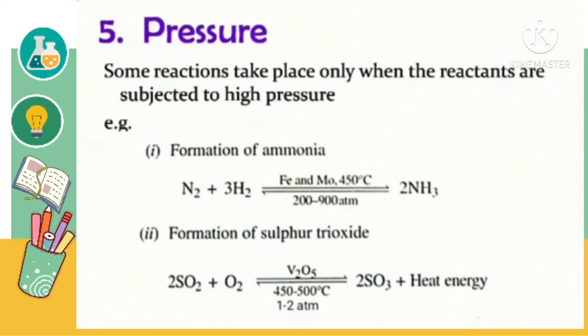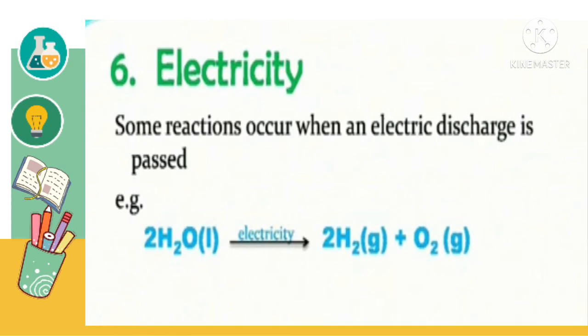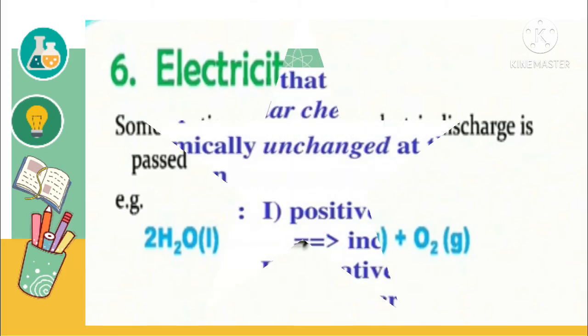In a similar way, sulfur trioxide is formed when sulfur dioxide and oxygen are subjected to high pressure. Next condition is electricity. Some reactions occur when electric discharge is passed. For example, water decomposes on passing electric current, and then there is a formation of hydrogen and oxygen gases.